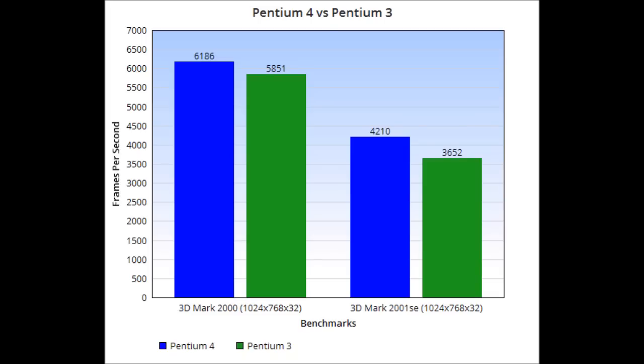But here, staying within the confines of our year 2000, early 2001 build, now that everything is optimized, we do see an advantage with the Pentium 4. I also want to point out I did update the chipset drivers on the Pentium 3 board as well, so the field is equal here, but we do now have the Pentium 4 pulling ahead of the Pentium 3.